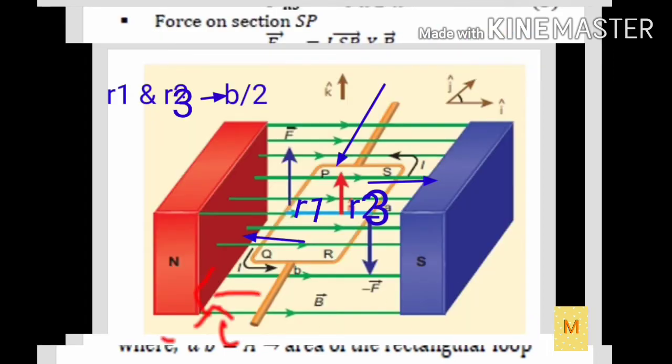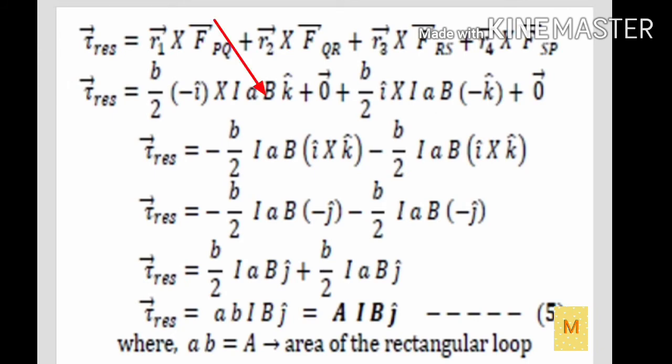First one, R1 vector. This R1 vector is equal to b by 2 and the unit vector for this R1 vector is minus i cap because R1 is along the negative x direction, and FPQ vector is replaced as I A B k cap.